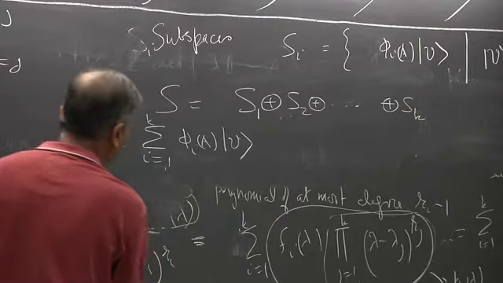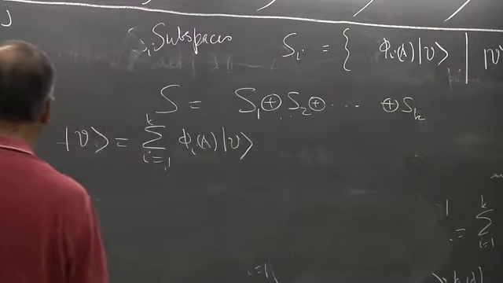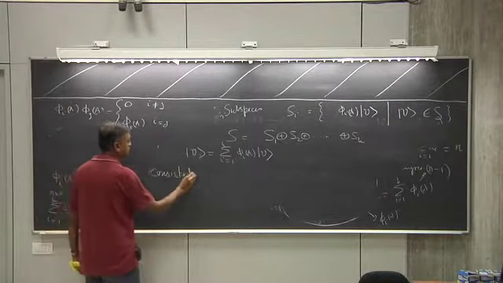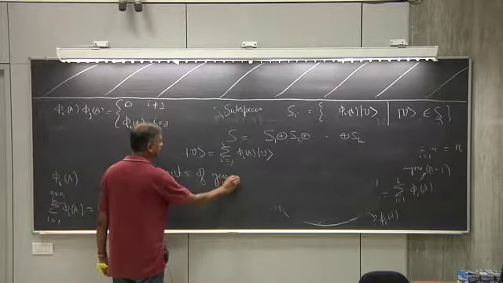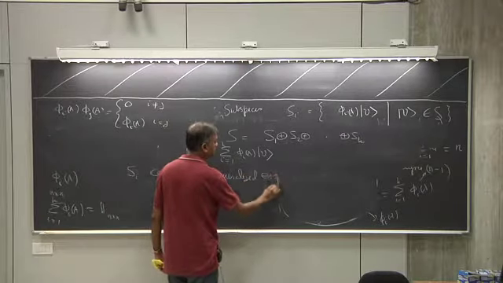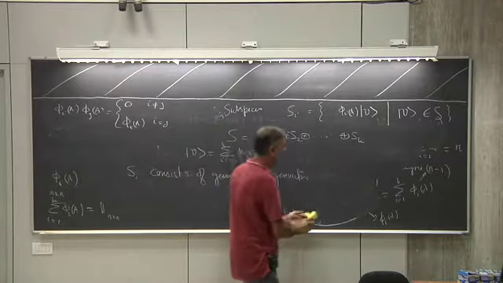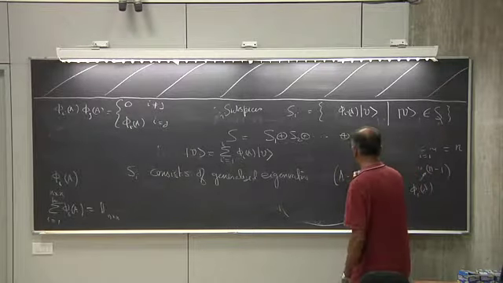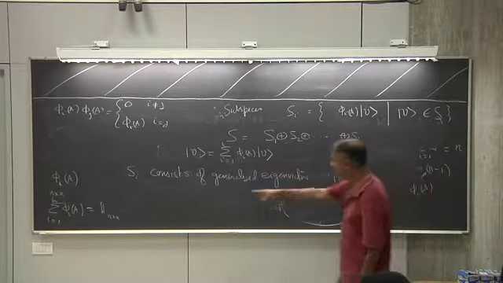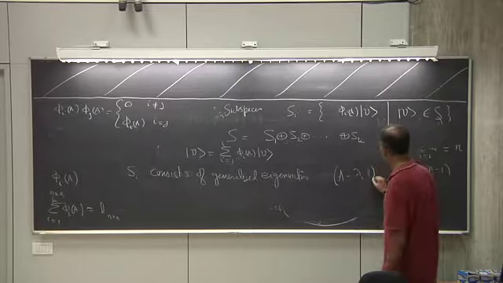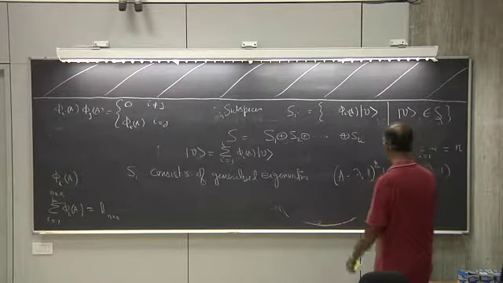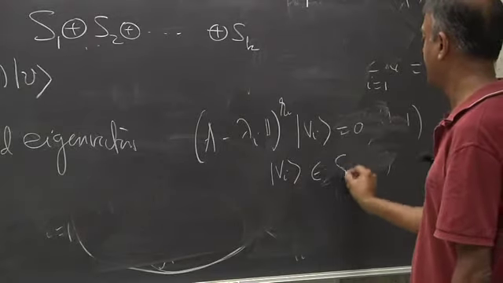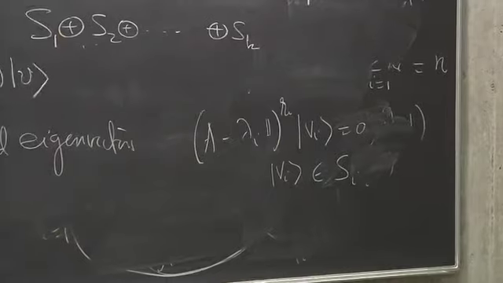Then finally, we showed that the vectors in S_i consist of generalized eigenvectors, that is, they satisfy this equation: (A minus lambda_i I) to the power of r_i, where the i-th space comes with the eigenvalue lambda_i, acting on any vector V_i equals 0, where V_i belongs to S_i.